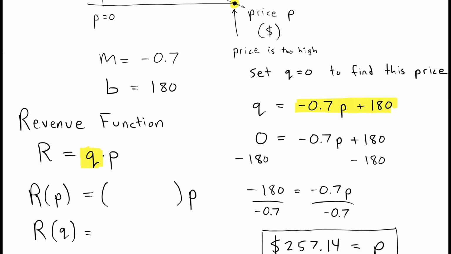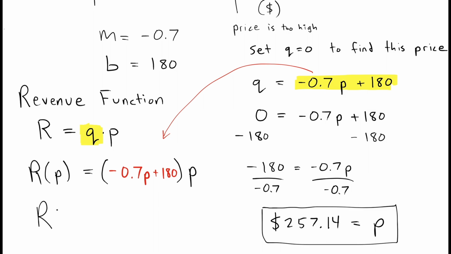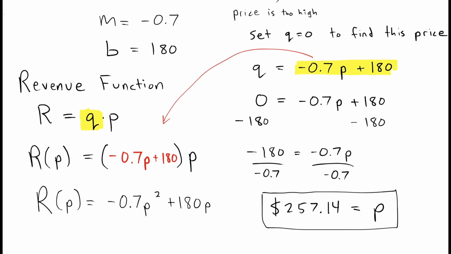Keep that P still in there though, and now plug in the regression equation that you found earlier. Now I'll simplify it. And this tells us how much revenue the company is going to get from their sales.